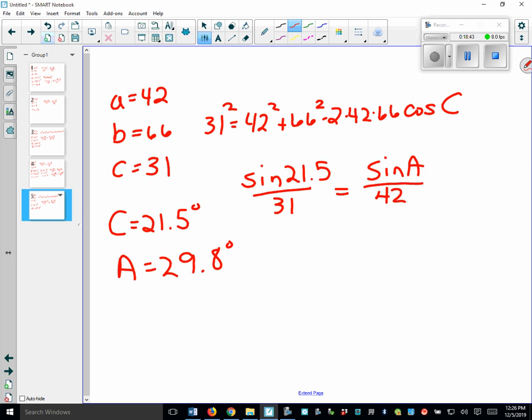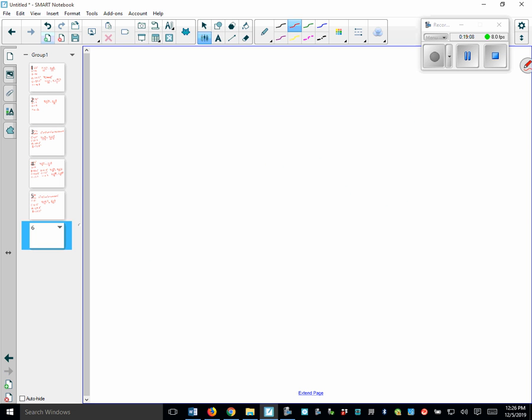So B is 108.8 degrees. Can we only talk about math for a minute, please? Thank you. So B is 128.8 degrees, right? 0.7. It better be 0.7, because what do they have to add up to? 180.